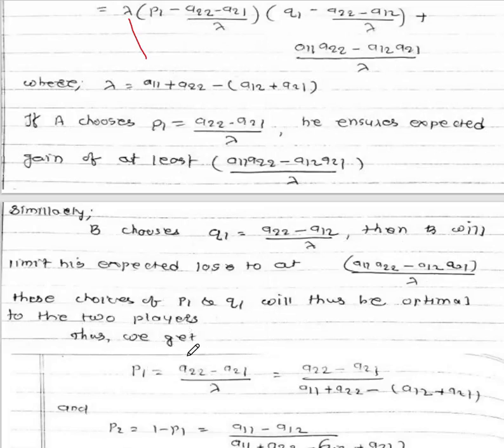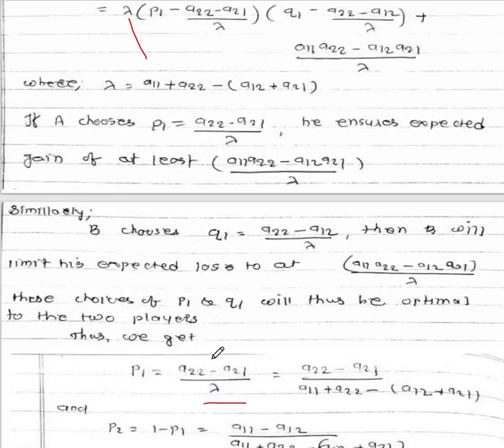Okay, so here P1 and Q1 will be the choices for player A and player B. These choices of P1 and Q1 will be the optimal choices of player A and player B. Then we can write P1 equal to A22 minus A21 divided by lambda, where lambda is A11 plus A22 minus A12 plus A21.